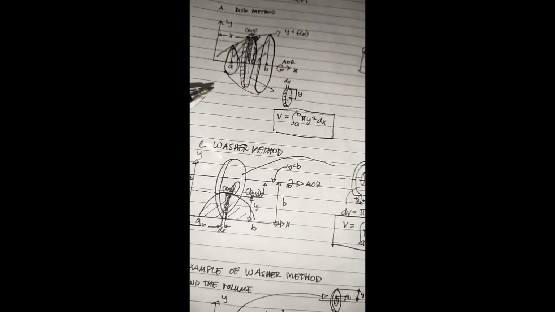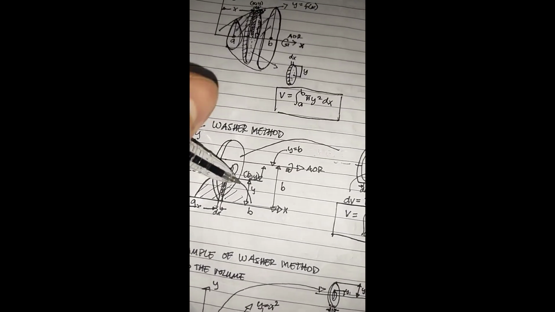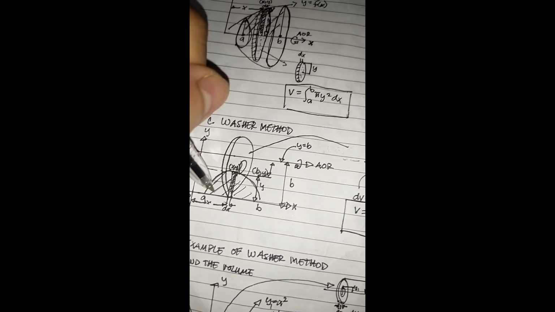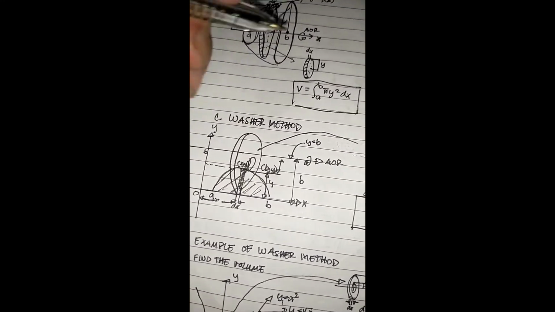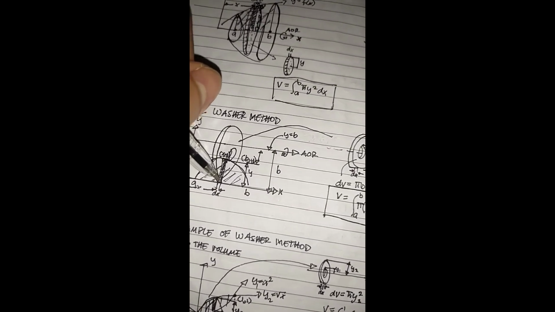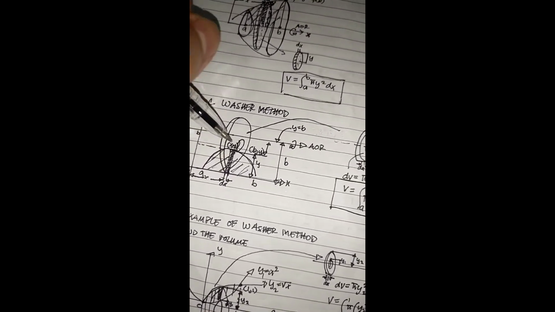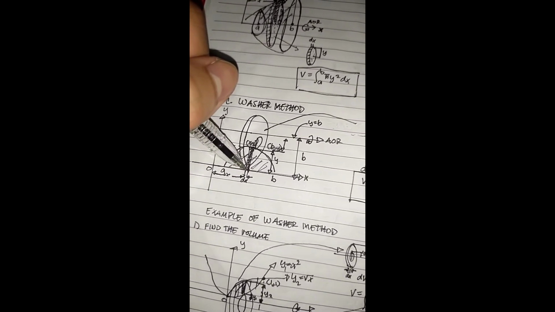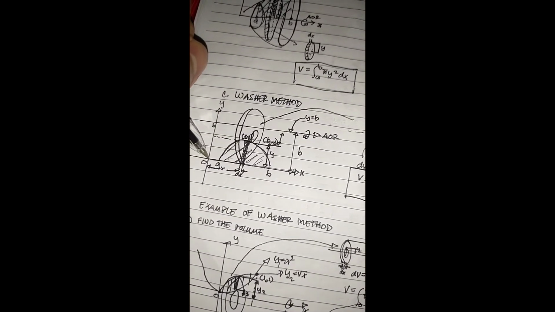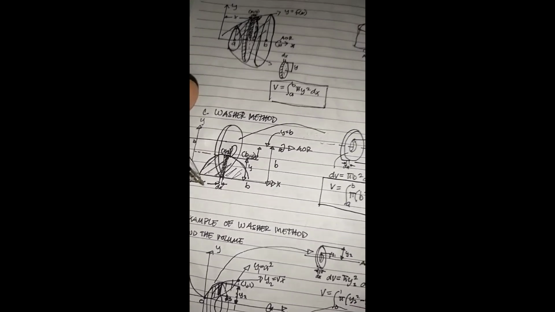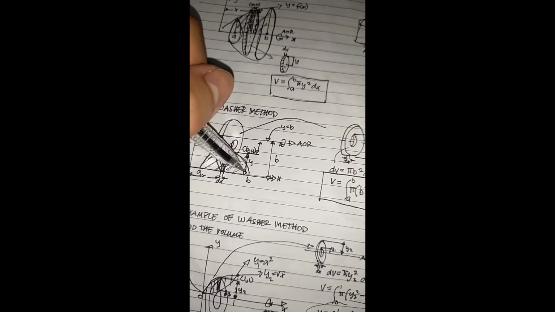And from the washer method, this is our graph. This is the area. And the dx is in the boundary of the area. So this is our dx. And this is the measure of our x, and this is the measure of our y.